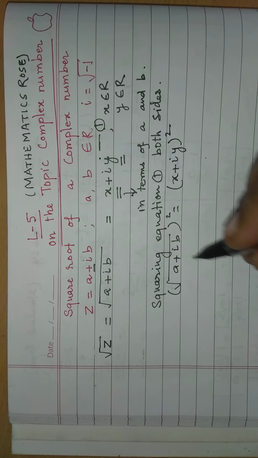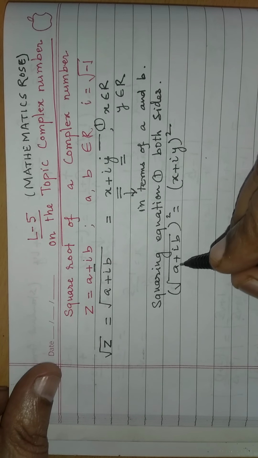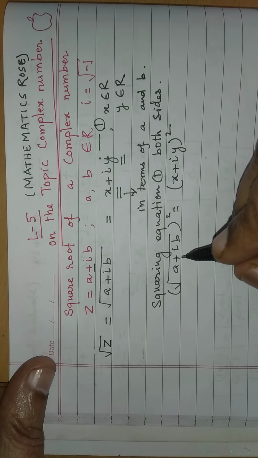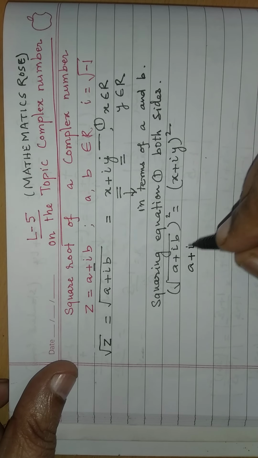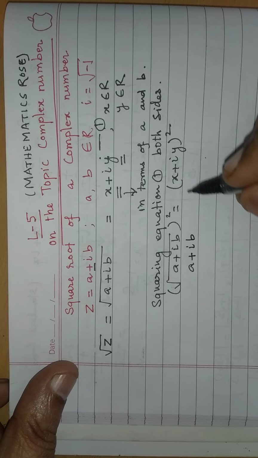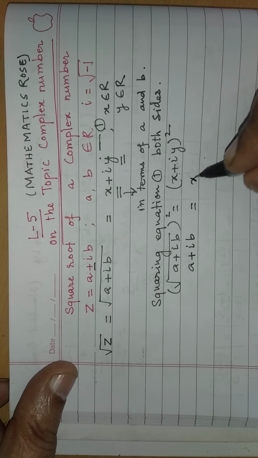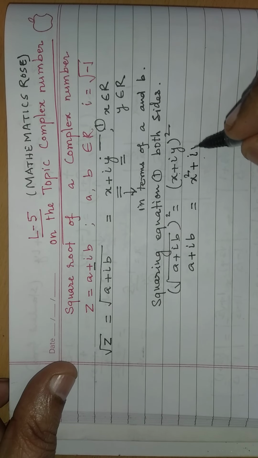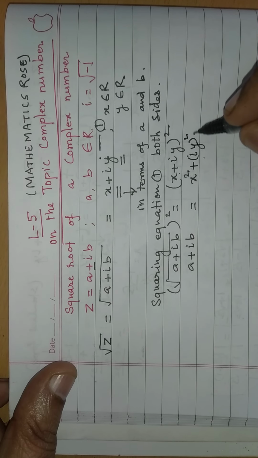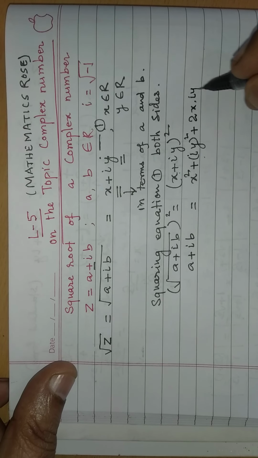You know that the square root of any number means the power is 1 by 2, so the square root sign will be removed by this 2, and this is a plus b whole square. So we will expand it with the help of the formula a plus b whole square, which is a square plus b square plus 2ab.